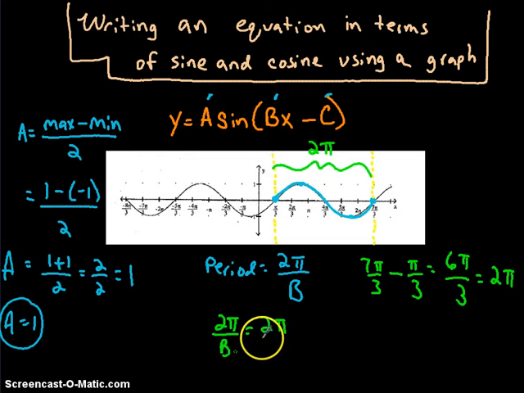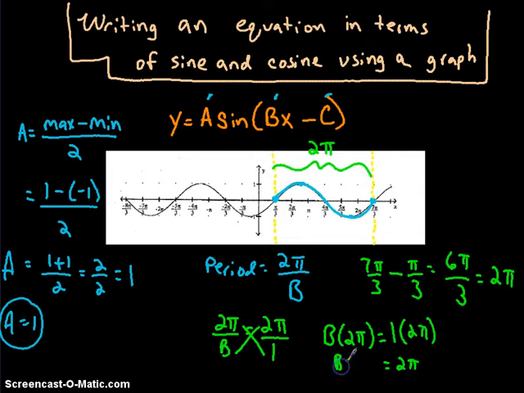Well, if you didn't know, you would put 2 pi over B equals 2 pi over 1 and you cross multiply. So B times 2 pi equals 1 times 2 pi. Well, 1 times 2 pi is just 2 pi.